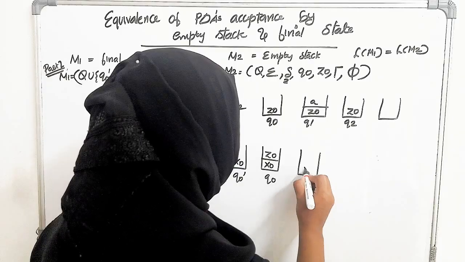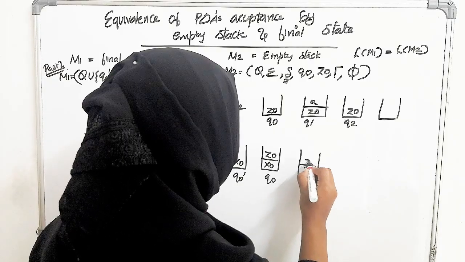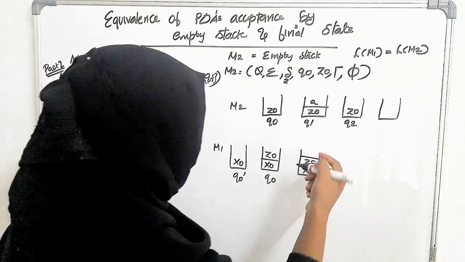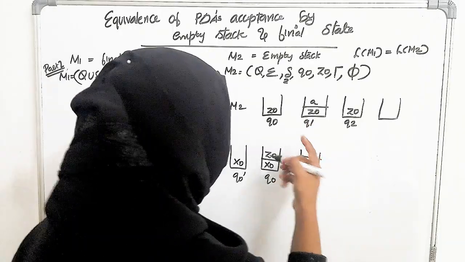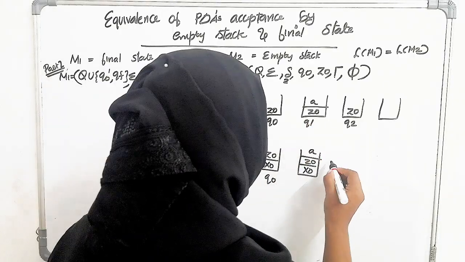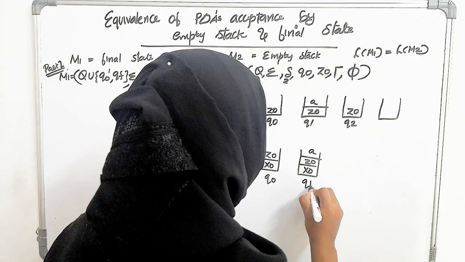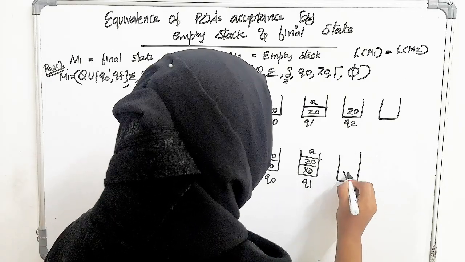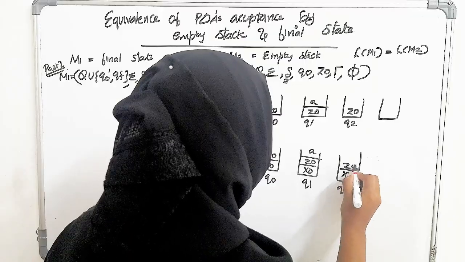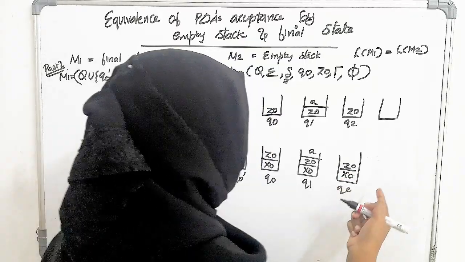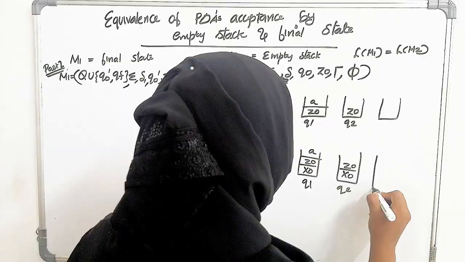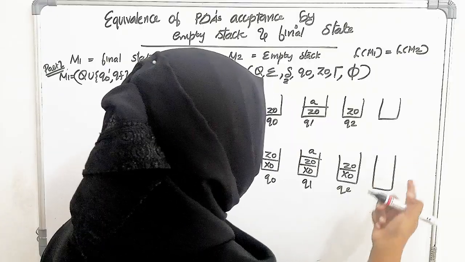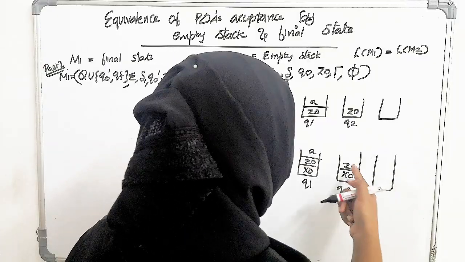So X0 is Z0 and it can simulate M2. So A is pushed onto the stack and state is Q1. Now it can pop this A off of the stack and it can be like this.